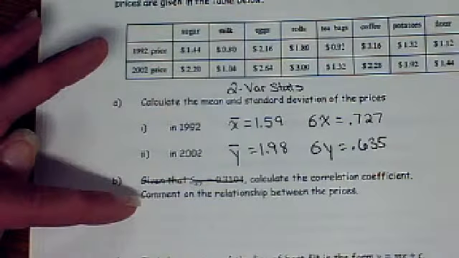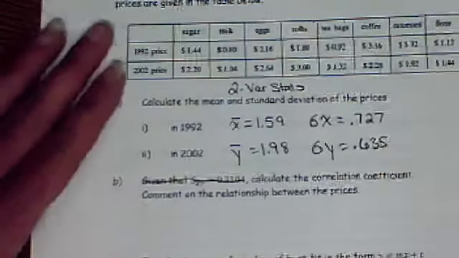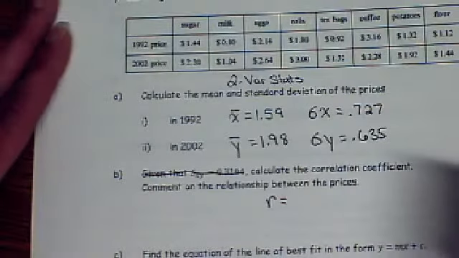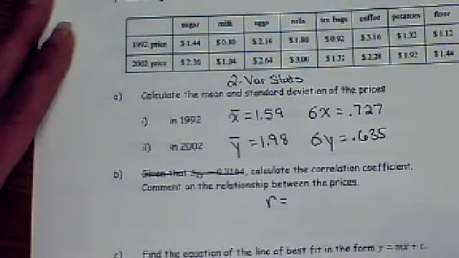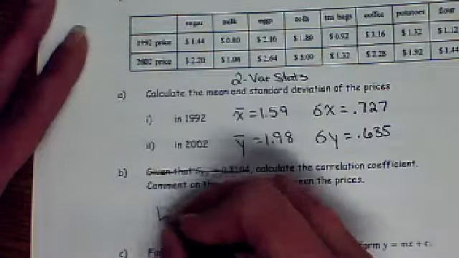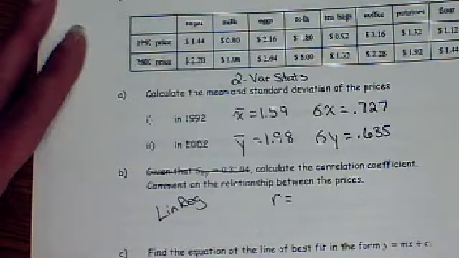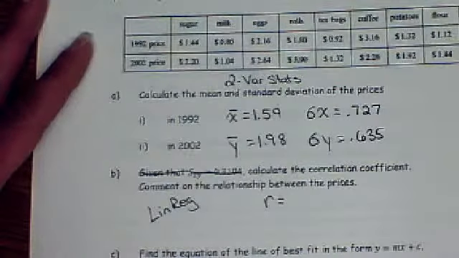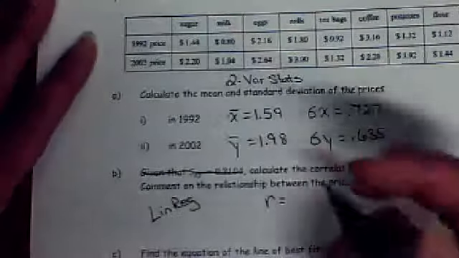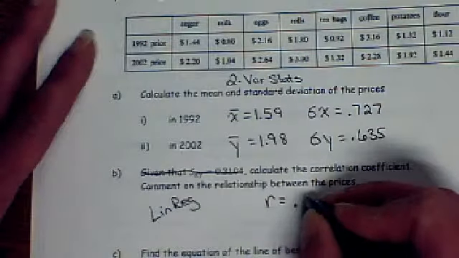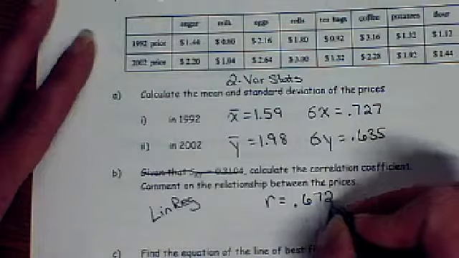Now it asks us to find the correlation coefficient. That's R. So to find R, that's not under two variable stats. That's under the linear regression. So you're going to go back to stat, go over to calculate, and go down for a linear regression. The R value you get should be 0.672.